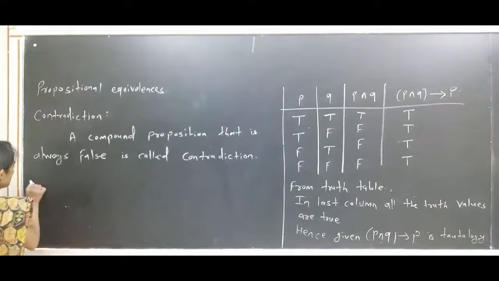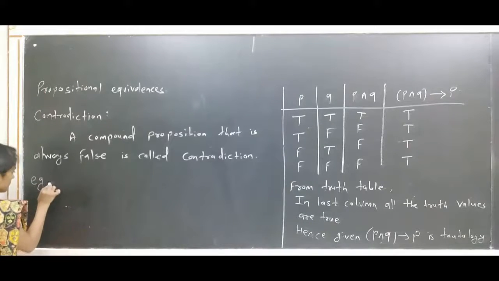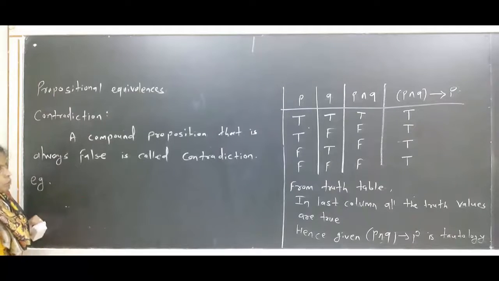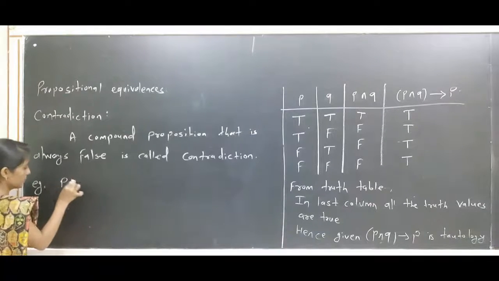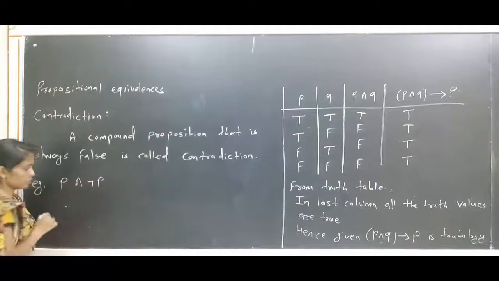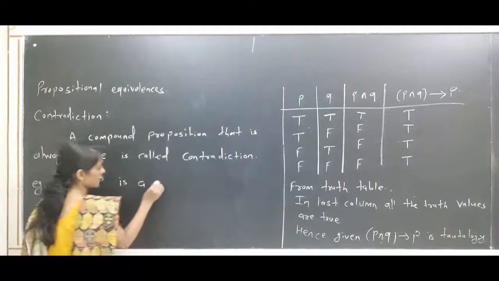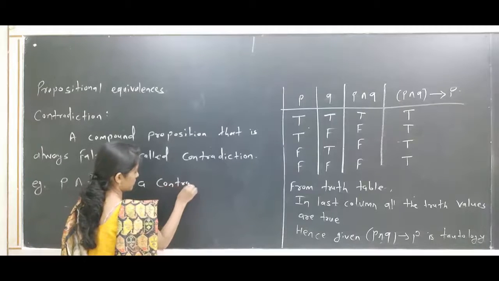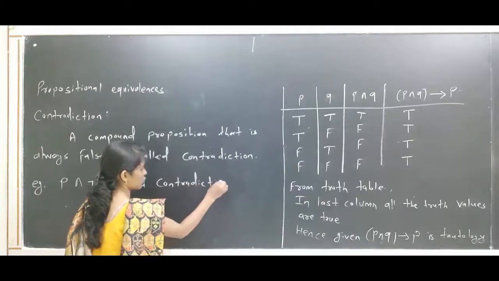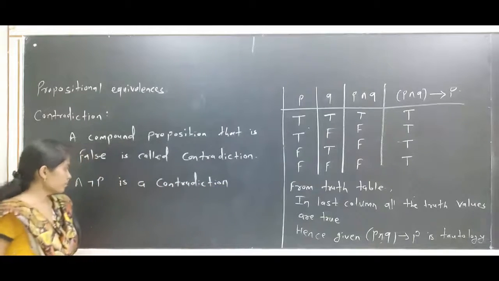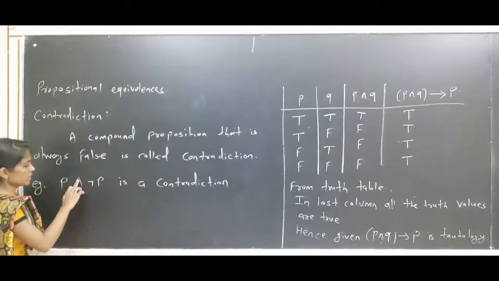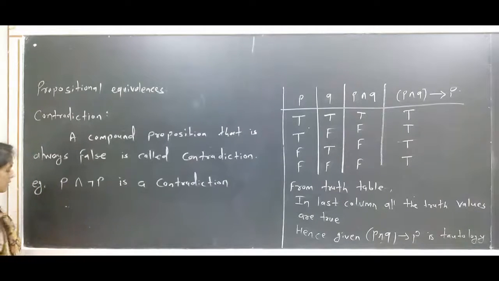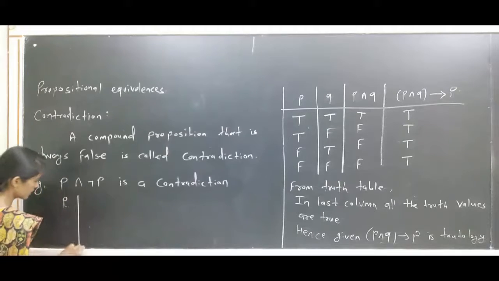Now we see the example. Here we consider the example P and negation P is a contradiction. So here proposition P and negation P. We construct the truth table here.